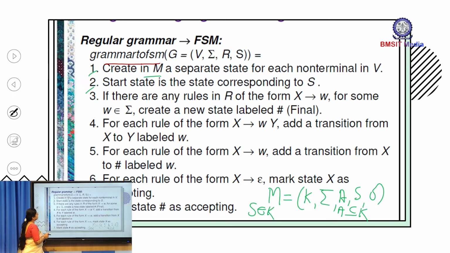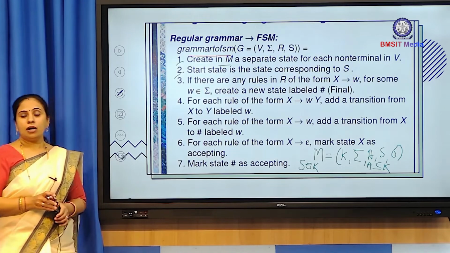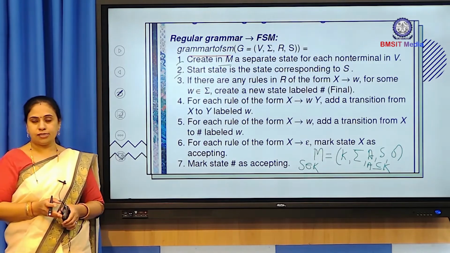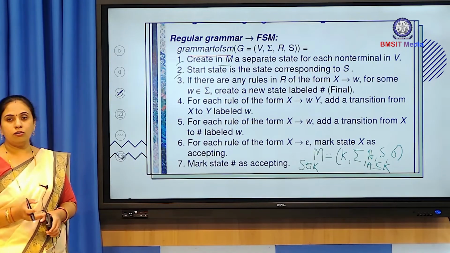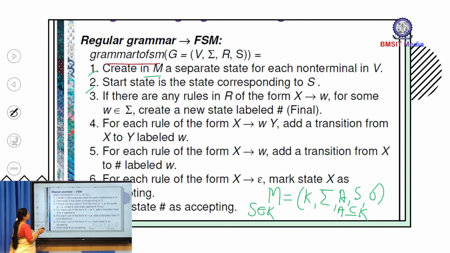The next step: the start state corresponds to S. The start state of the regular grammar, S, will definitely be the start state of the machine as well, the finite state machine.